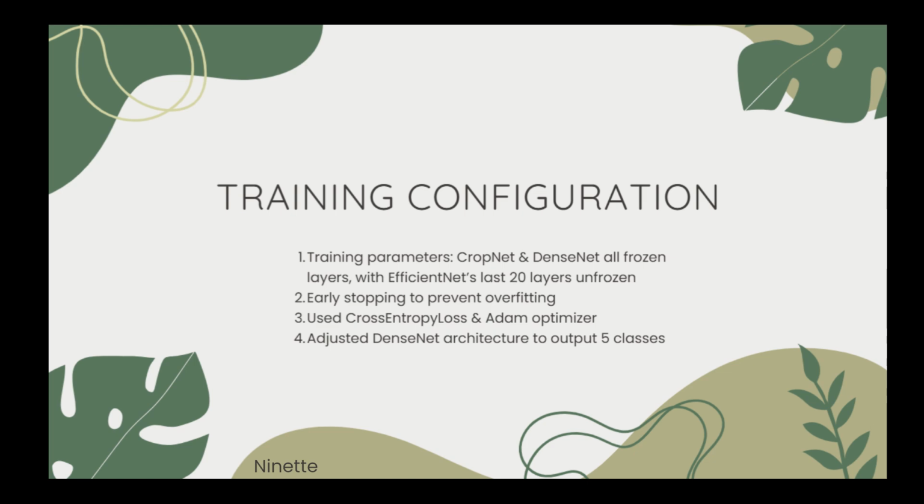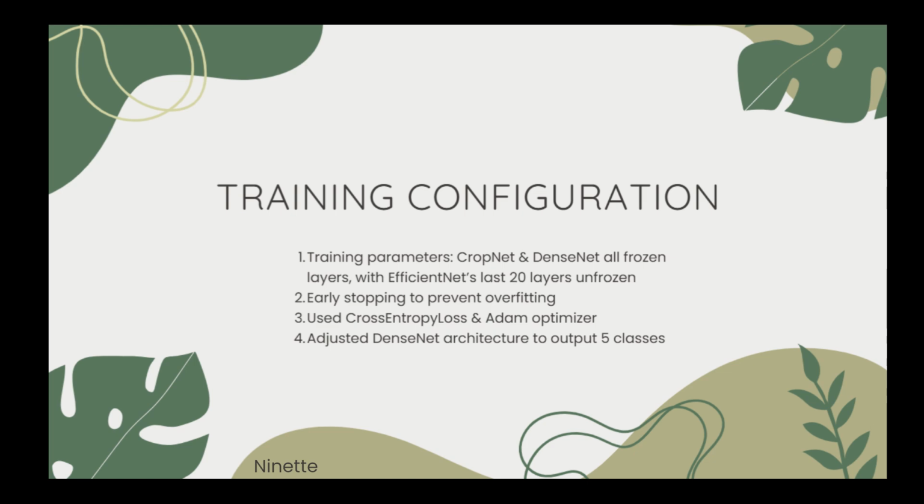Firstly, the CropNet used all frozen layers as it was already pre-trained on cassava data. The same for the nested layer due to computational limitations, and the EfficientNet layer had the last 20 layers unfrozen for fine-tuning to the cassava dataset. Secondly, we implemented early stopping to monitor validation loss and halt training if no improvement is observed within a patience period of 3 epochs with a minimum delta of 0.001.